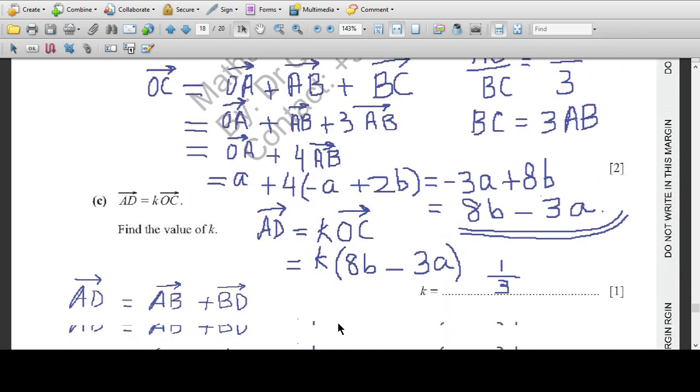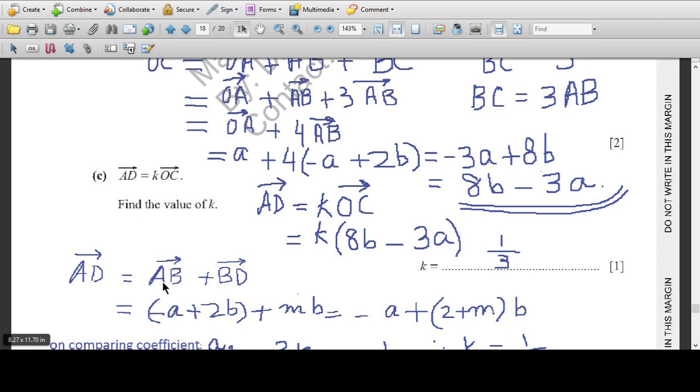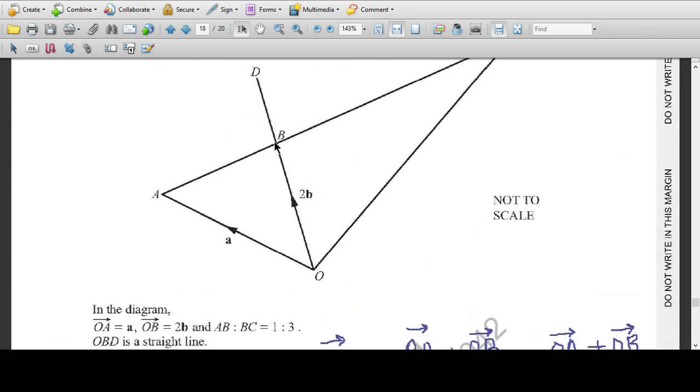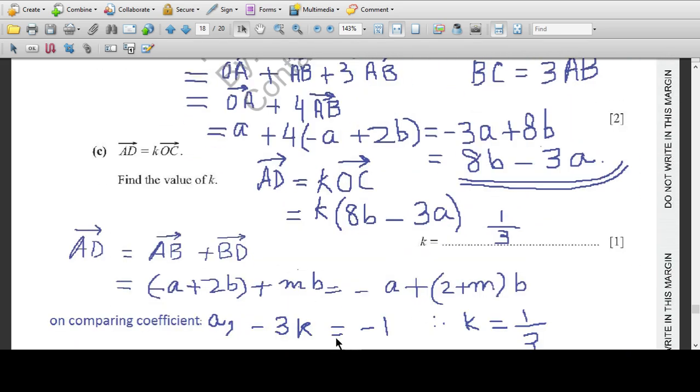So AB is basically minus a plus 2b, and BD is basically m times b. We don't know the actual length because this information is not given. So we took m times b. This may be less than 1 or maybe greater than 1. We don't know. So we took this m.